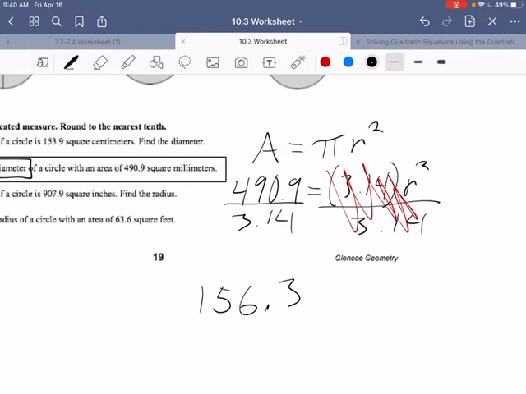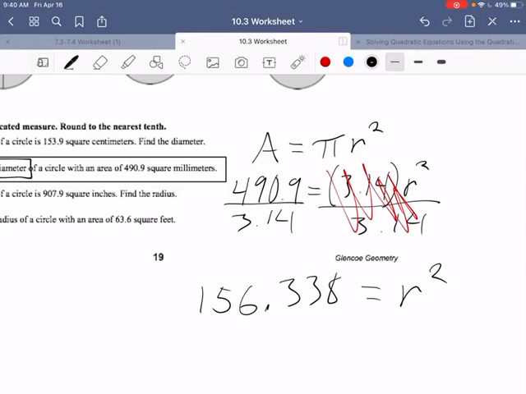But that's not our answer for radius, is it? We've got to do the square root of this answer. So 156.338, we get the square root of that.